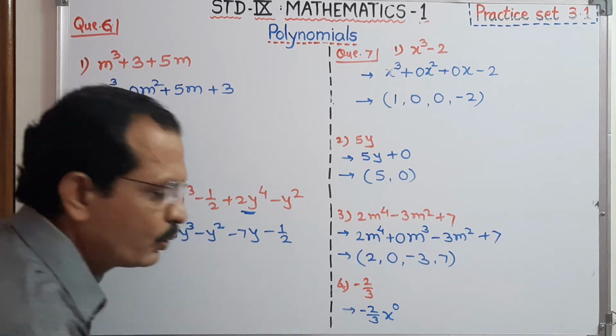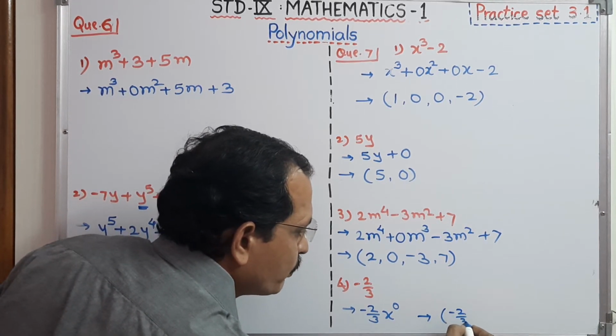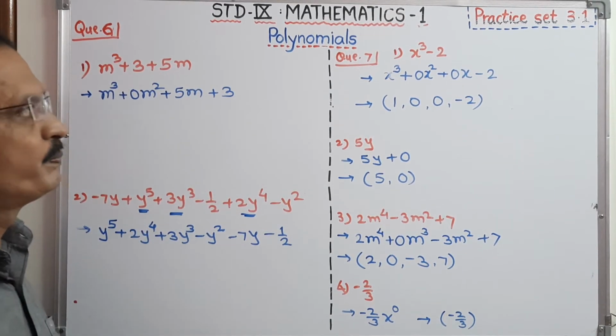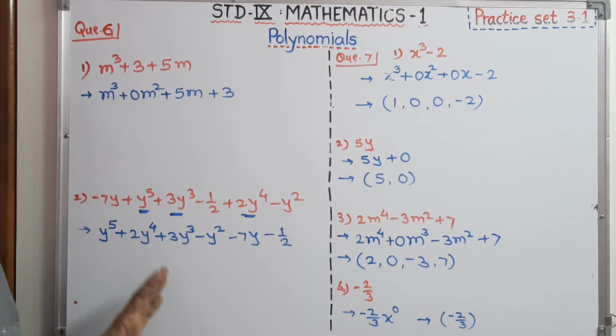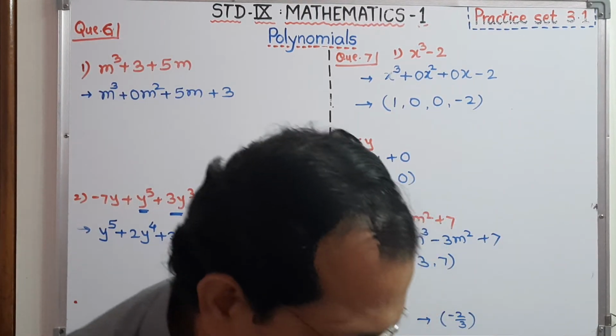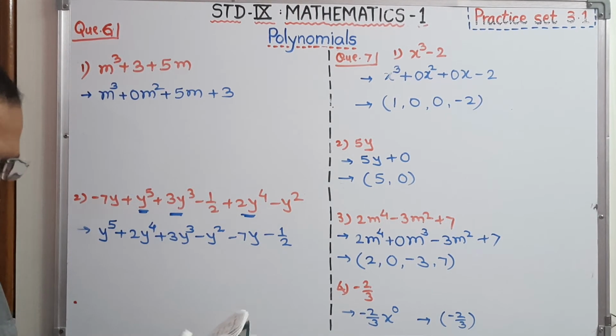Got it? Now we can write here minus 2 upon 3. This is the coefficient form. Very simple, very easy, and you can solve this very easily. Now we have to start with question number 8.